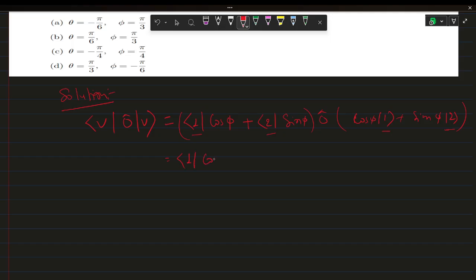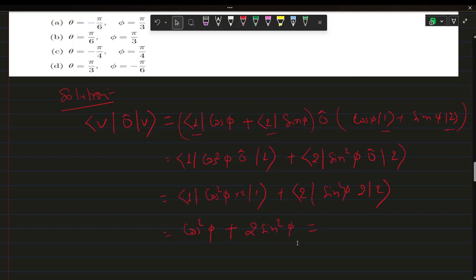So we have cos²φ ⟨1|O|1⟩ + sin²φ ⟨2|O|2⟩. O operating on |1⟩ will give 1·|1⟩, so cos²φ into 1, plus 2 sin²φ, since O operating on |2⟩ will give 2|2⟩.